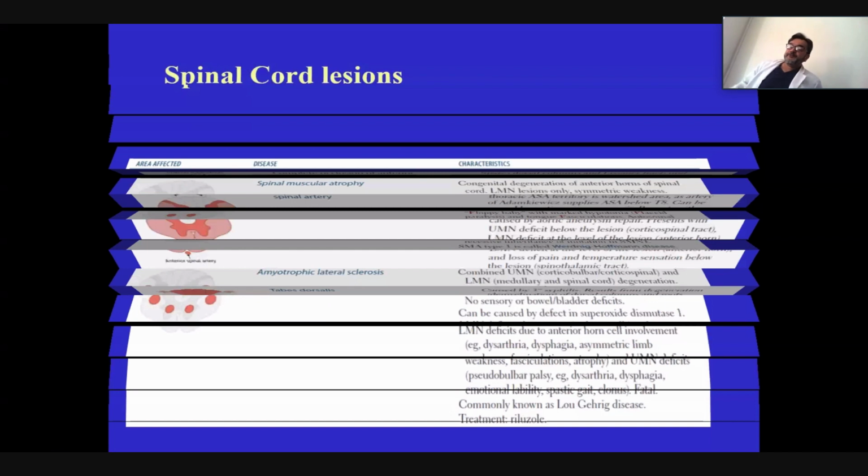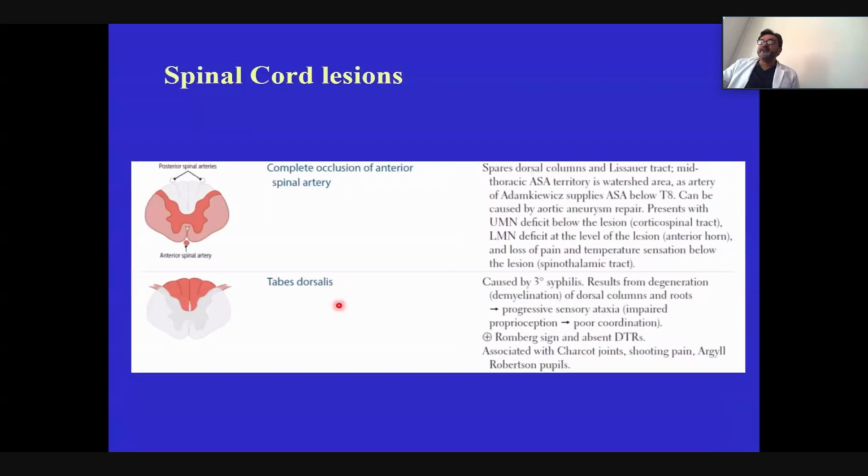Then we have the anterior spinal cord syndrome, which usually happens because of occlusion of the anterior spinal artery. We said there is an anterior spinal artery which supplies the anterior 2/3 of the spinal cord, and there are two posterior spinal arteries which supply the posterior 1/3 of the spinal cord.